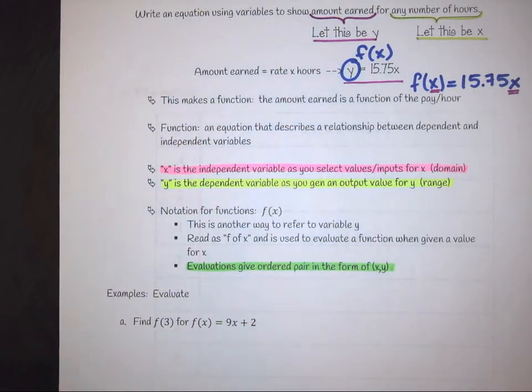So the way I like to remember independent versus dependent is like this. My child, who is 6 years old, is dependent on me to survive. Okay, what I mean is he is dependent on me to give him food, to give him shelter, to dictate the rules that he has to follow, to basically be the one in charge.